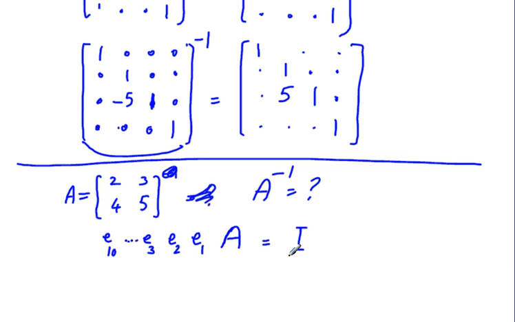So we can just keep applying these elementary operations until finally what is left of the matrix is just an identity matrix.